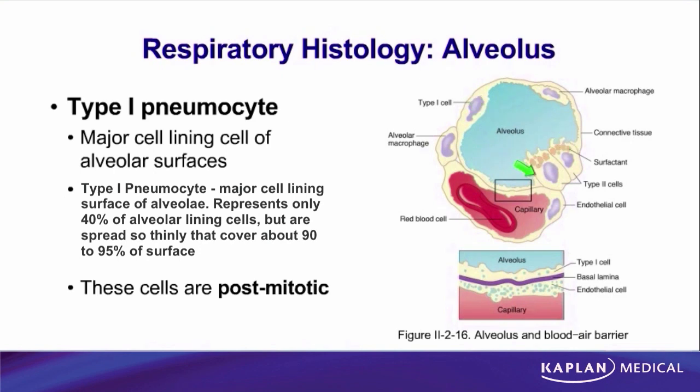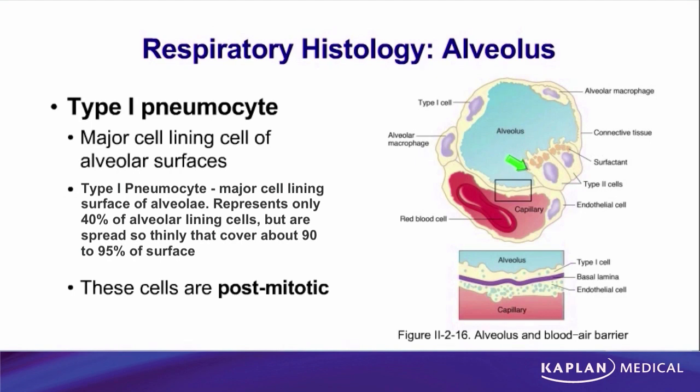And the other important role for type 2 pneumocytes is they secrete surfactants. So we'll find secretory vesicles in there, and surfactant is the substance that reduces surface tension in the alveoli so that the alveoli don't collapse upon themselves during expiration.